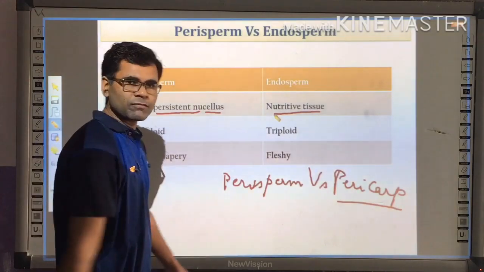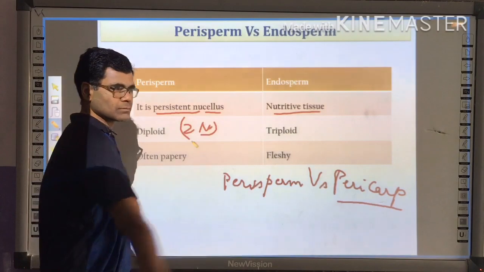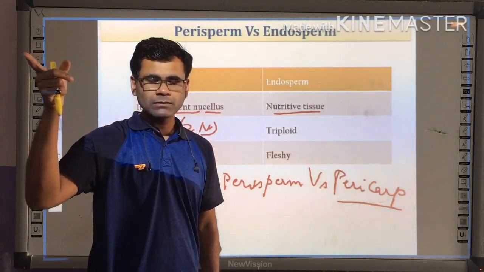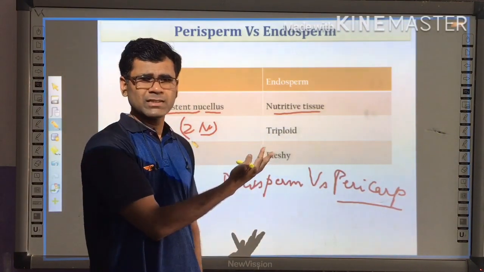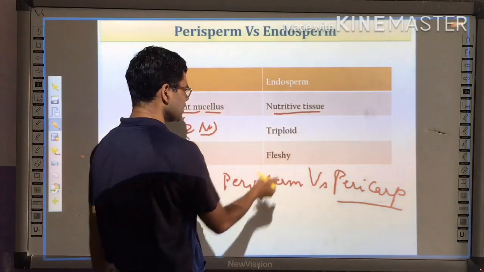Perisperm, since it is a part of the ovary, is diploid. It is a part of the nucellus, and nucellus is diploid, hence perisperm remains in diploid condition.